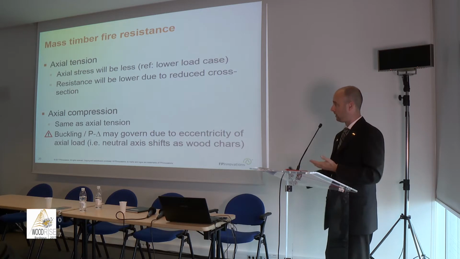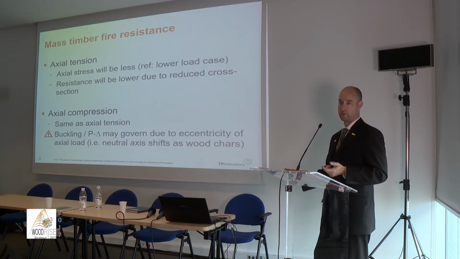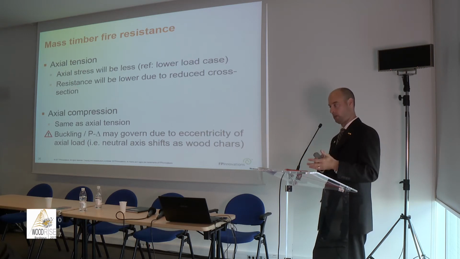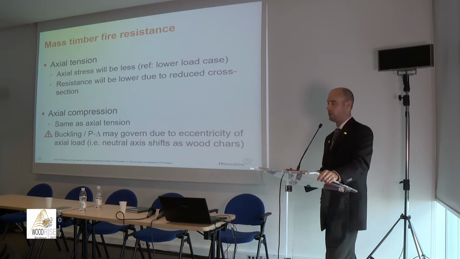So, three things. If you have an element subject to tension force, you do the steps that I just showed you previously, so it's a reduced cross section, and then you evaluate the stress applied from the force, and whether your residual section is still capable of taking it. Compression elements, so columns, are a bit more sophisticated.